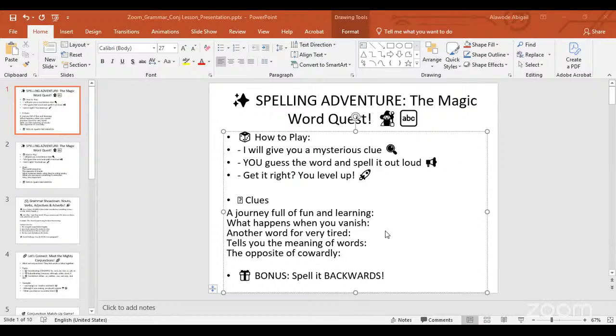All right. So what's the opposite of cowardly? Strategically. Okay. You can write that down if you can spell it. Go ahead.